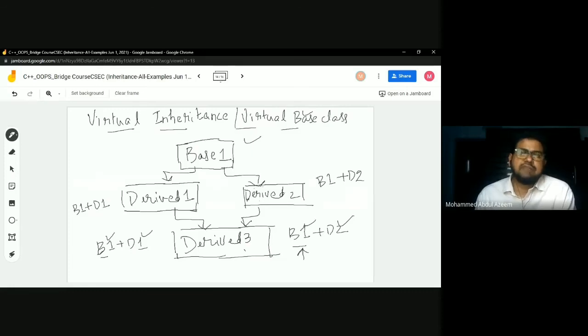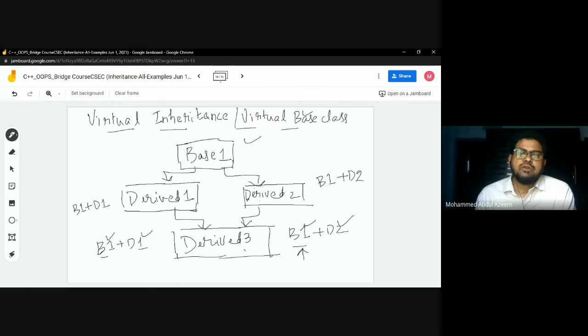We have seen single level, multi-level, multiple, hierarchical, and hybrid. In hybrid, this kind of example, where multiple types of inheritances are integrated, there is a possibility of certain classes being duplicated. To eliminate such a thing, we go for the virtual inheritance process.